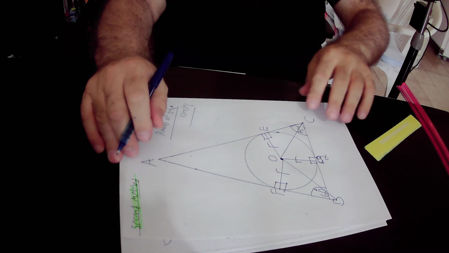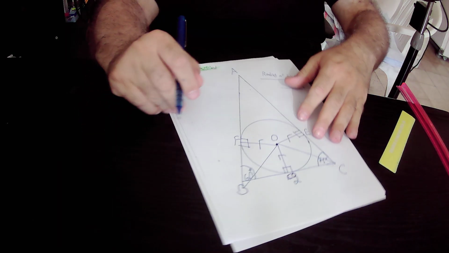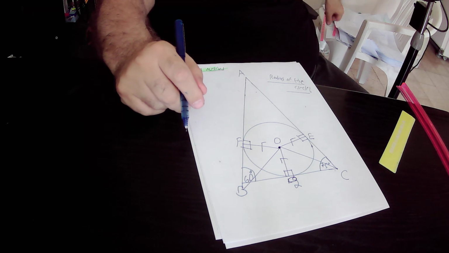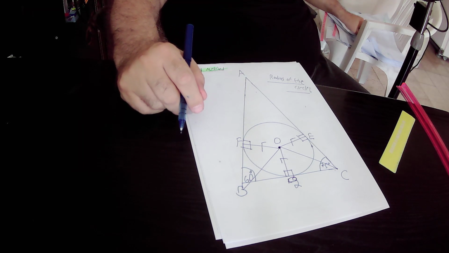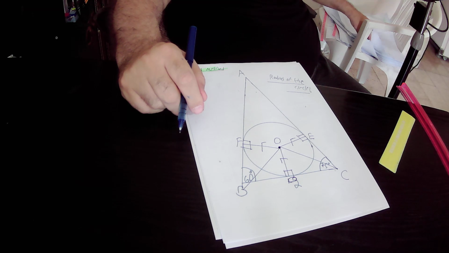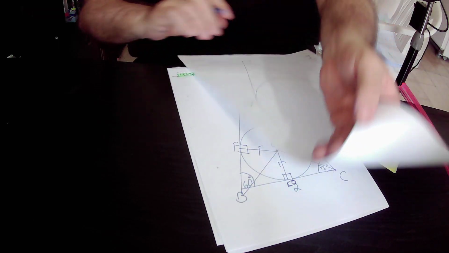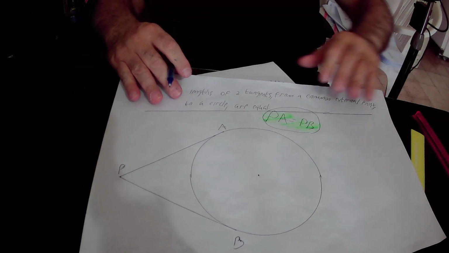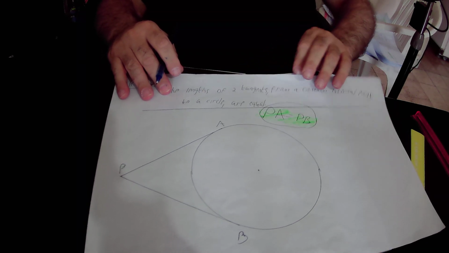In the next step, I will present to you rule number 2. According to rule number 2, the lengths of two tangents from a common external point to a circle are equal.